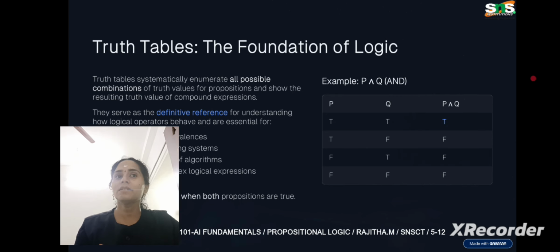So the next is truth table, the foundation of logic. Truth tables help us understand how logical connectors work. They list all possible combinations of truth values for the statements and show the final result.